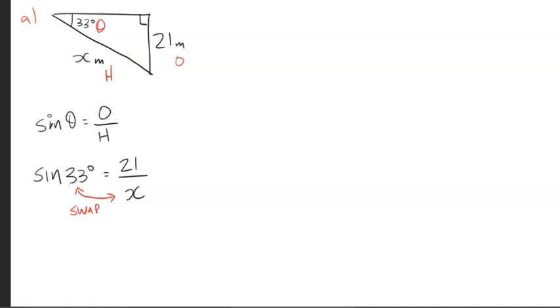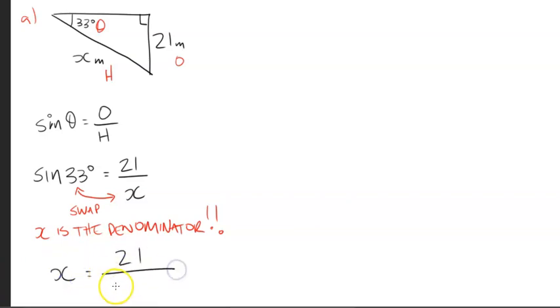This is strictly when x is the denominator. If it's the numerator, we don't do the swap. So we do a straightforward swap. So our x is 21 divided by sine 33 degrees.